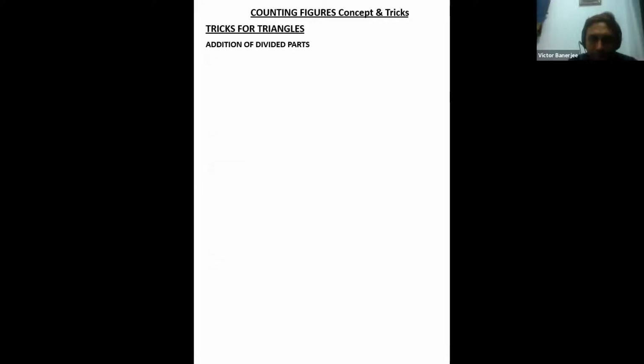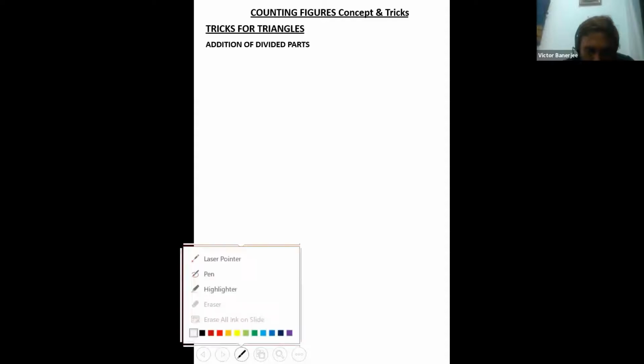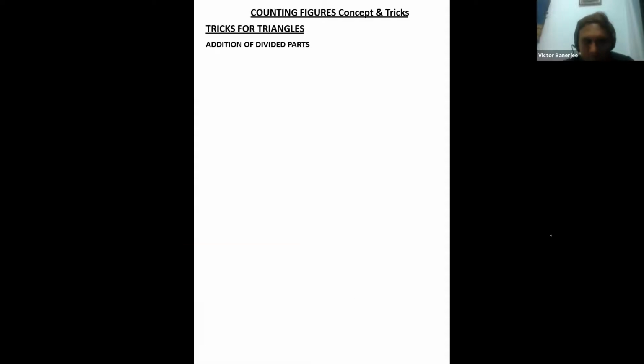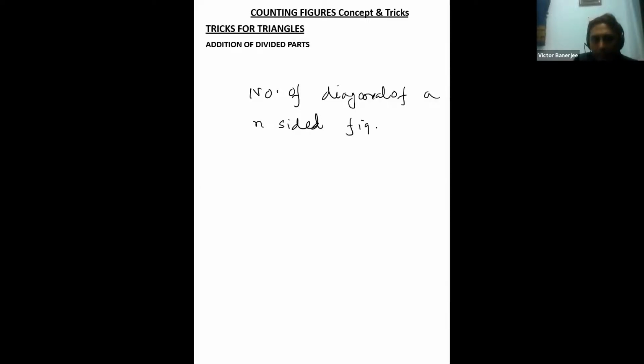For example, suppose the number of diagonals of an n-sided figure. If I have to calculate the number of diagonals, first of all, suppose this is a hexagon you have.